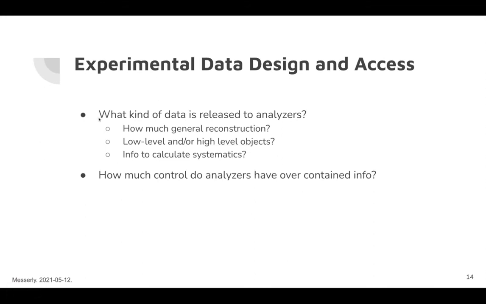So the questions are, what kind of data is released to analyzers? How much general reconstruction does the experiment provide? How many low level or high level objects are there? What information is in the event record to calculate systematics? And how much control do analyzers have over the info contained inside of the event record?